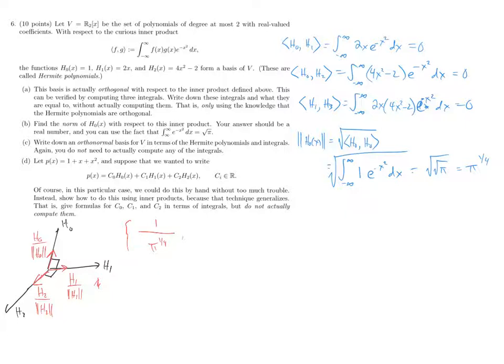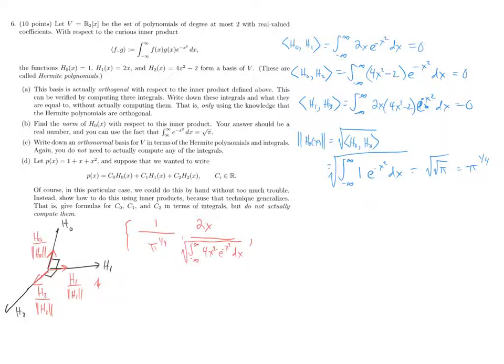The next one is H1 divided by the norm of H1, and remember that we're going to use this formula: you just take the inner product of the function with itself. So that means we are integrating from negative infinity to infinity of 4x squared e to the minus x squared dx, and I make sure I take the root of that.